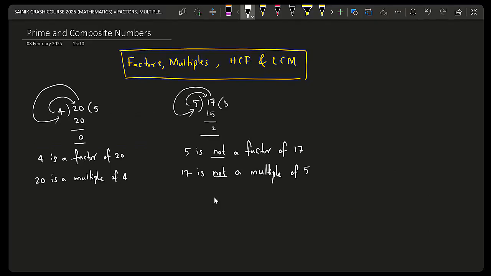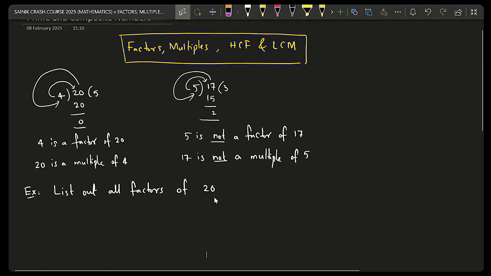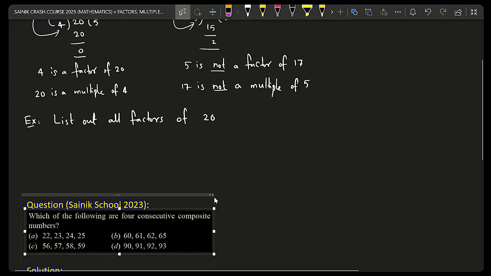Now, suppose you get some question like list out all factors of 20, or write down all the factors of 20. So how can we write all the factors of 20?